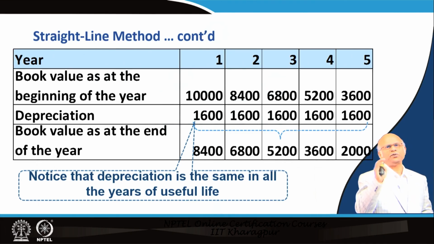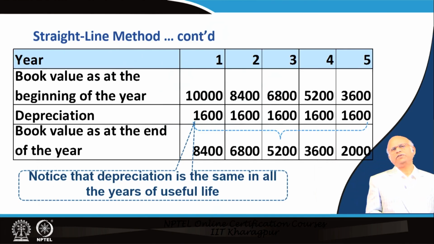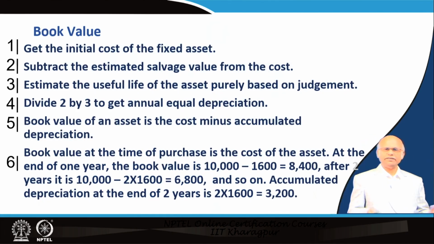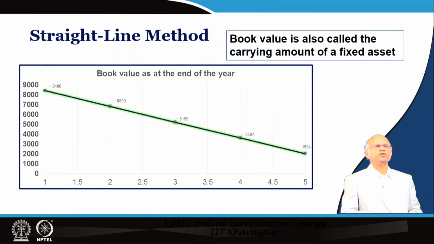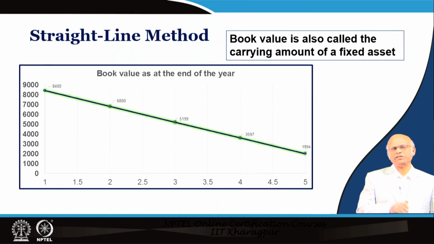So, 10,000 minus 4,800 becomes 5,200. So, this becomes the book value after deducting accumulated depreciation. This explains step by step how to estimate the book value after 1 year, 2 years, 3 years and the like. So, in the straight line method, the name came because the book value actually moves down in a straight line.